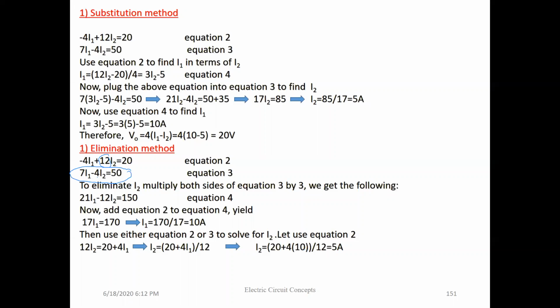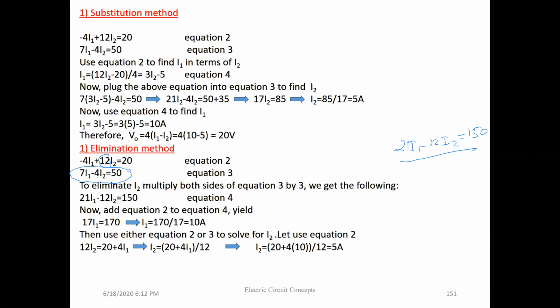If I multiply equation 3 by 3, both sides, it will be 21 I1 minus 12 I2 equal to 150. So this is the new equation after I multiply it by 3.